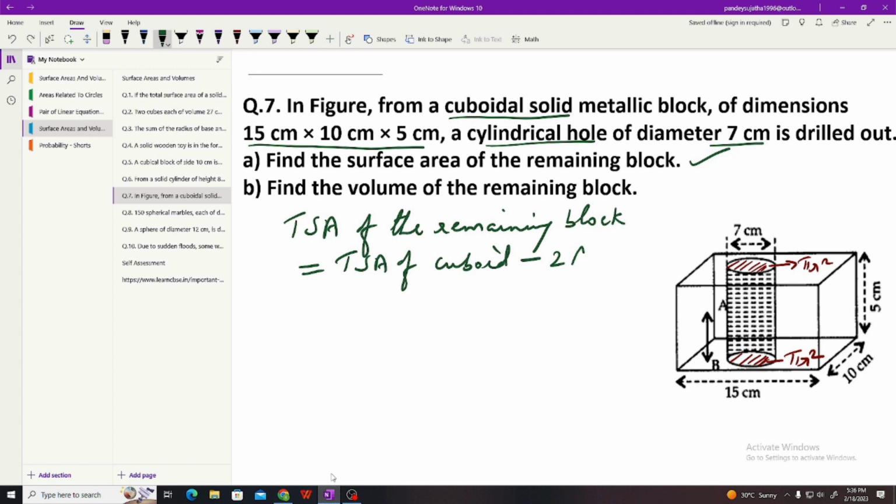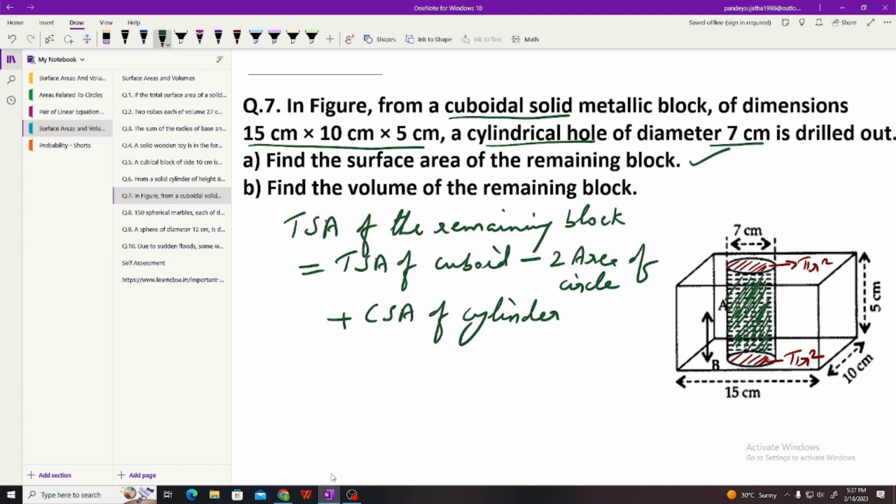So 2 times area of circle, plus this curved surface area of cylinder. This is the inner curved surface area of cylinder. This we will be able to touch. So this to be added.